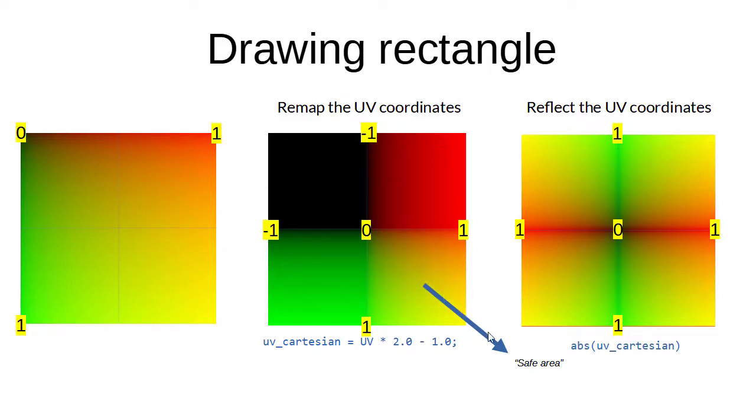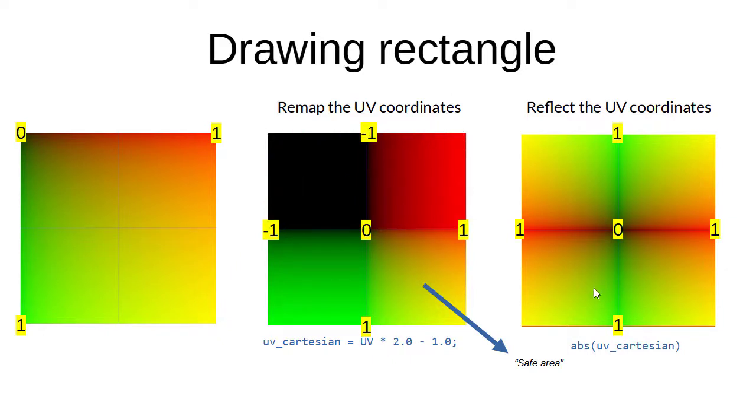So we can say that the lower right part is a safe area, since it's the only one that represents positive numbers from the original UV map. As you can see, on the left side are the negative coordinates on the x-axis, and on the top side are the negative coordinates on the y-axis.